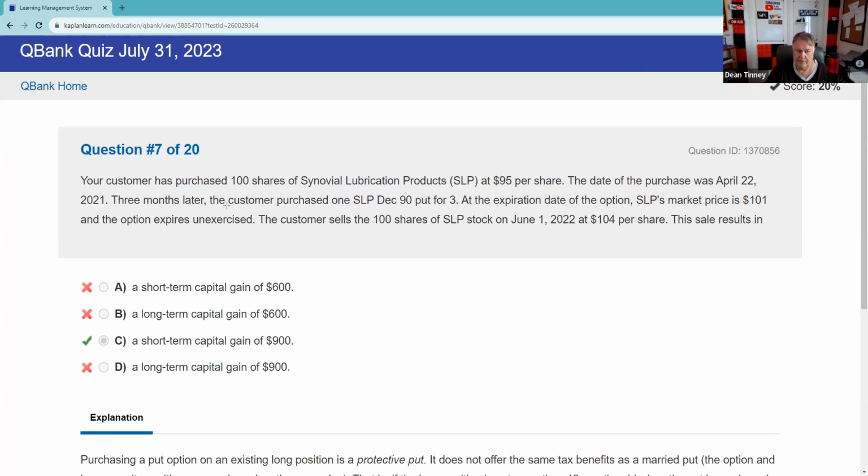So that's something to kind of be aware of. Like I say, I think the test prep vendors go total overkill on this. I think we should know why do we do this? To protect the stock position. So we made 95 to 101. That's our 6. And then the put expired and the put was 3. So that's where I'm getting that $900.